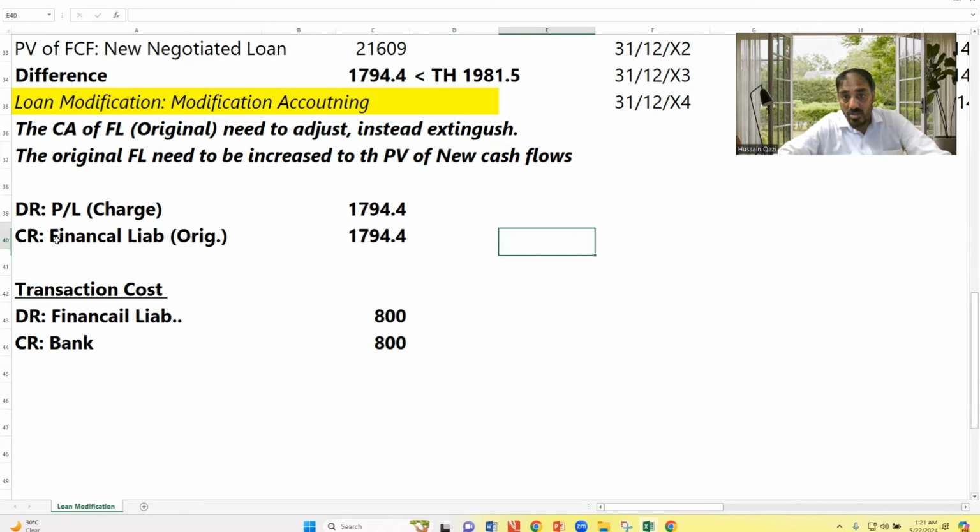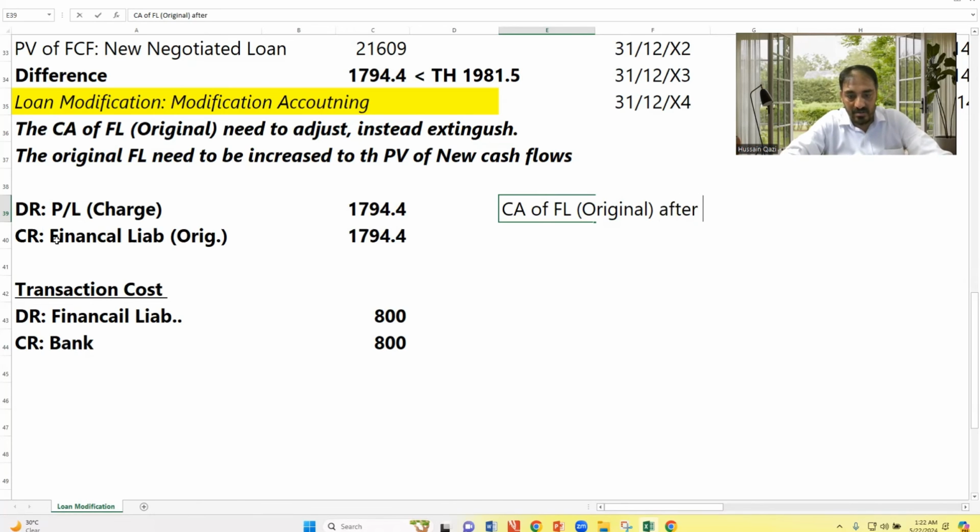It's very clear. So that means the carrying amount of the financial liability immediately after modification.